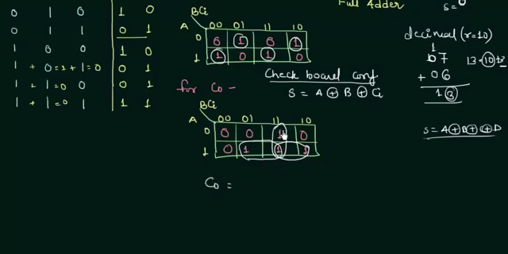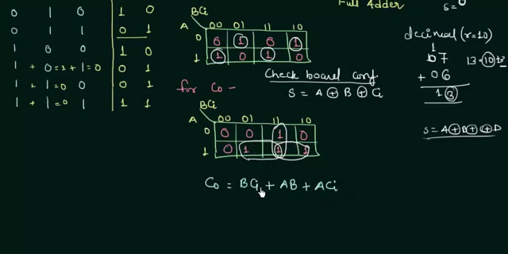From the first group we get B Ci, from the second group we get A B, since Ci changes from 1 to 0 and B is the same, and from the third group we get A Ci. This is what we get if we directly solve this K-map.